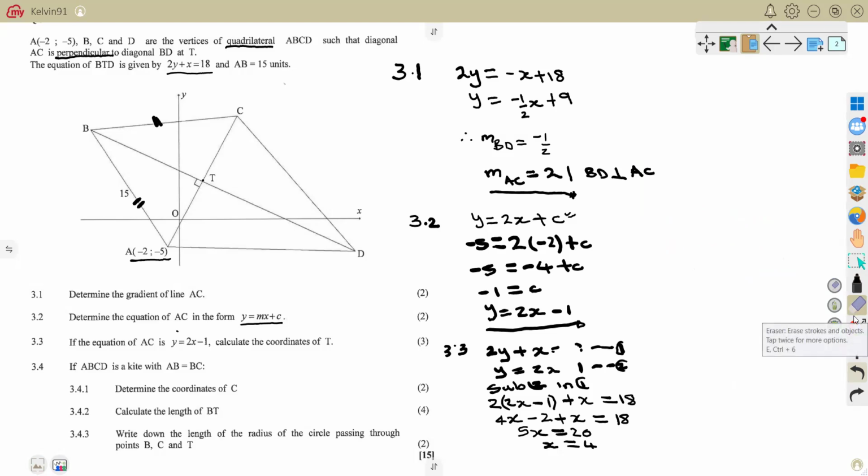So we are going to answer question 3.4.1.